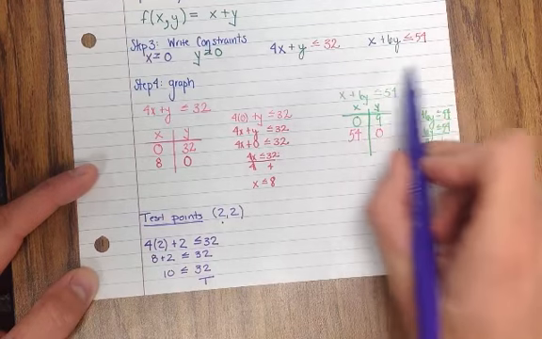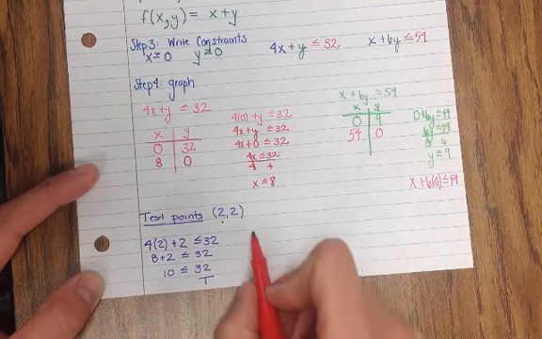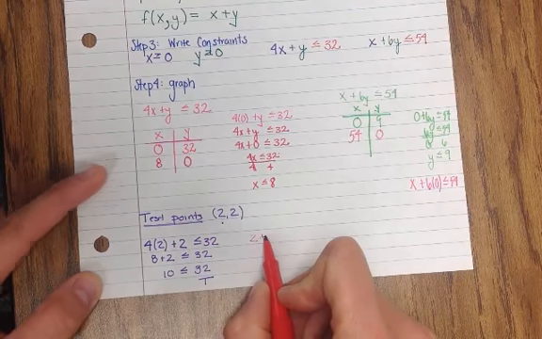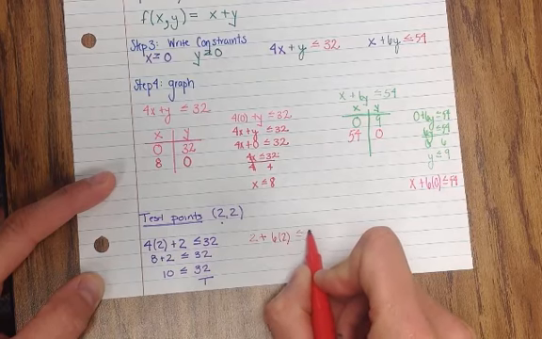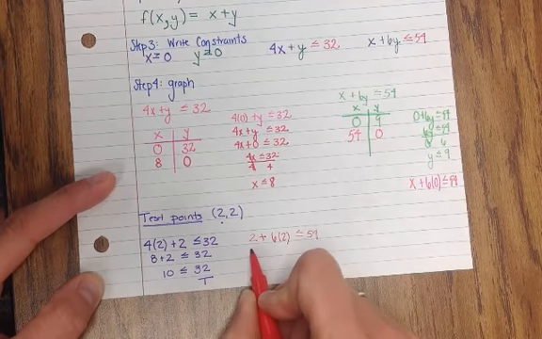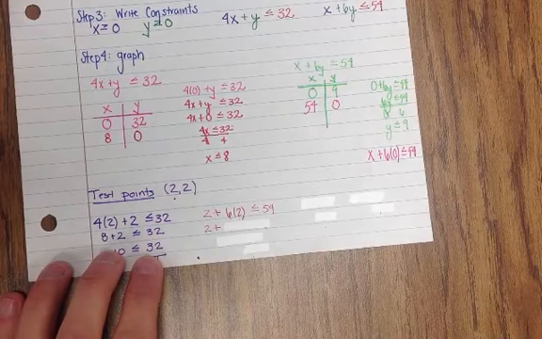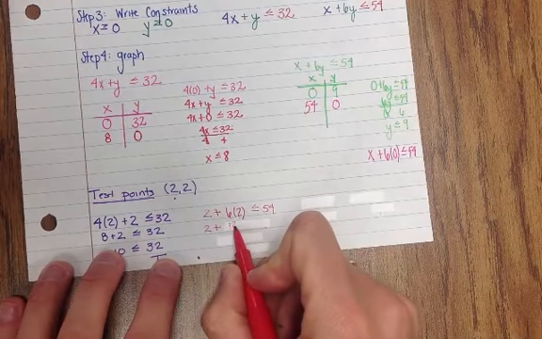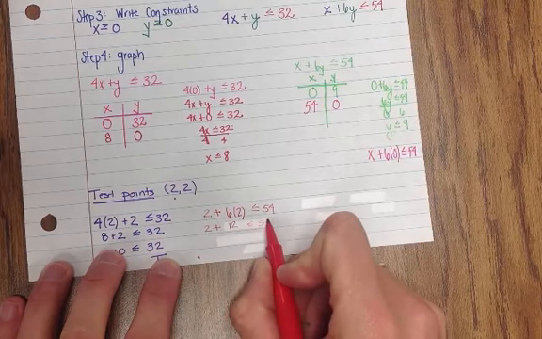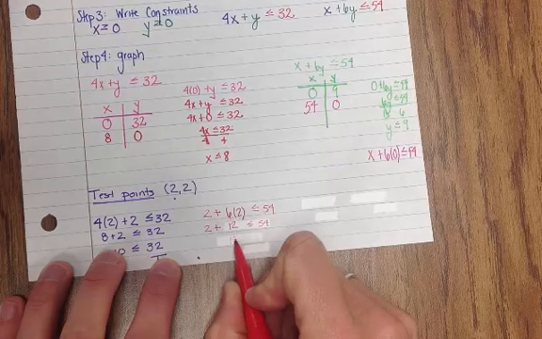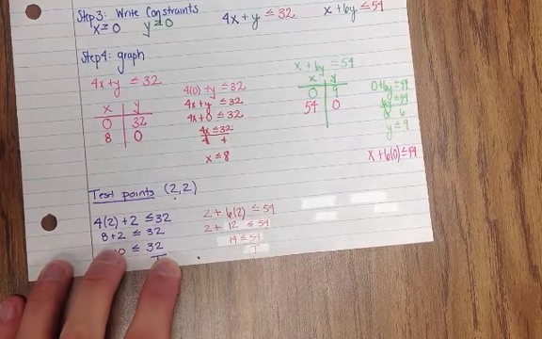Then I'm going to test in my other function. So I'm going to be looking at 2 plus 6 times 2, is that less than or equal to 54? So 2 plus 6 times 2 would be 12. And we're seeing is 2 plus 12 less than or equal to 54. 2 plus 12 would be 14. That is less than or equal to 54. So that is a true statement.